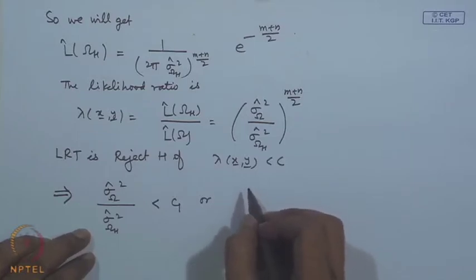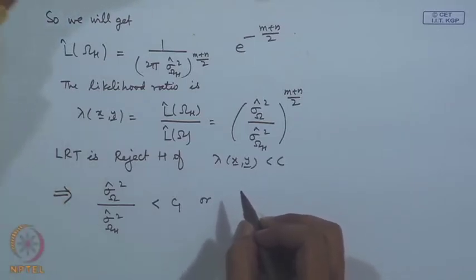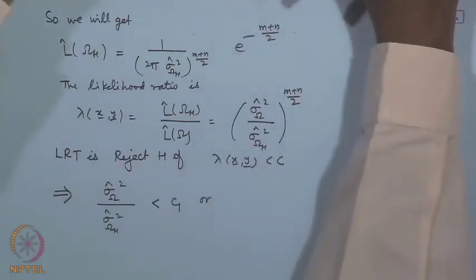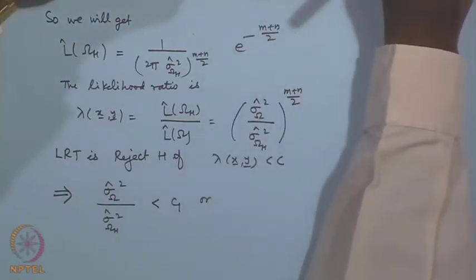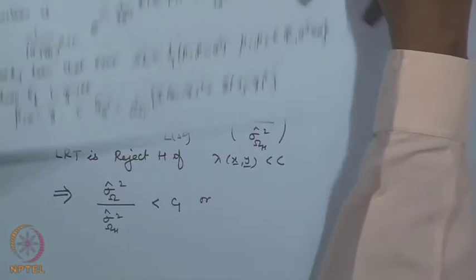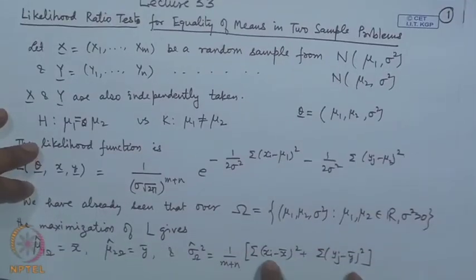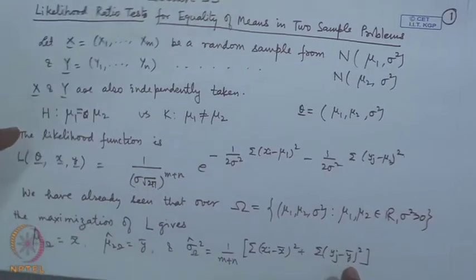Sigma omega head square was obtained as 1 by m plus n sigma x i minus x bar whole square plus sigma y j minus y bar whole square.